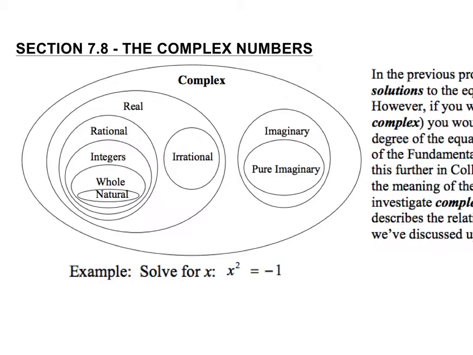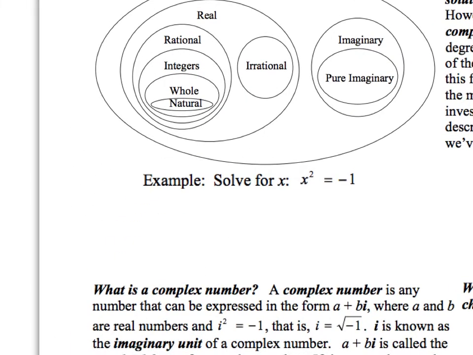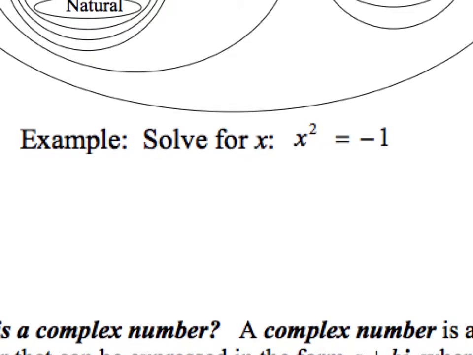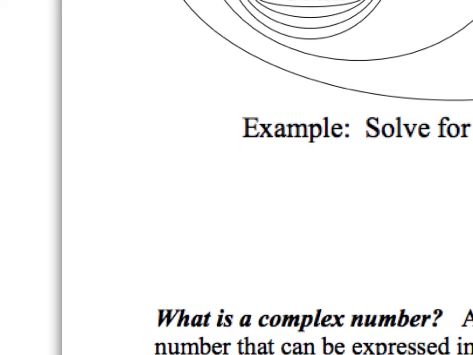Now let's think about something before we do this example: solve x squared equals -1. Let's say we take 3 squared, and remember what that means: 3 times 3, which gives us 9.